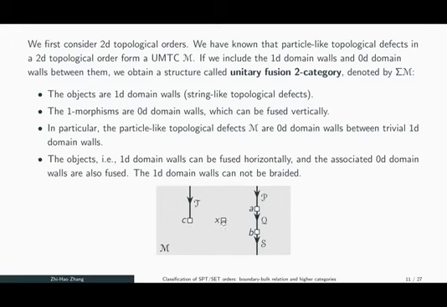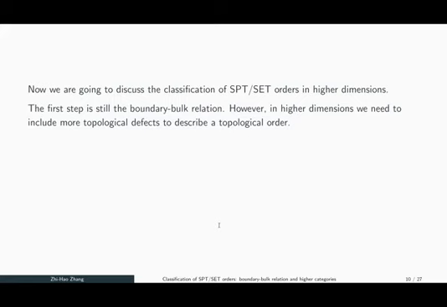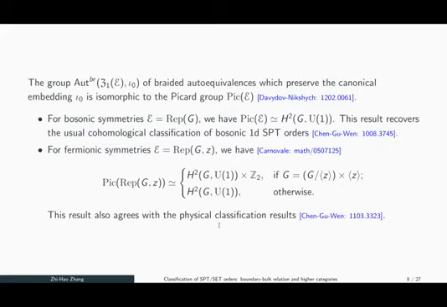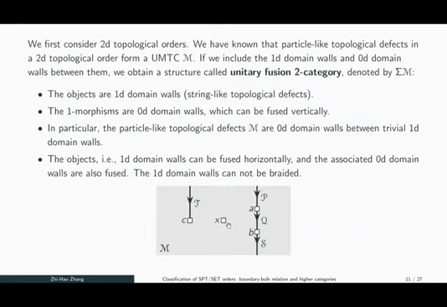And X here is a particle. This particle X can be viewed as the domain between 2 trivial domain walls. So all particle-like topological defects can be viewed as 0D domain walls between 2 trivial 1D domain walls, and they also appear in this fusion 2-category.